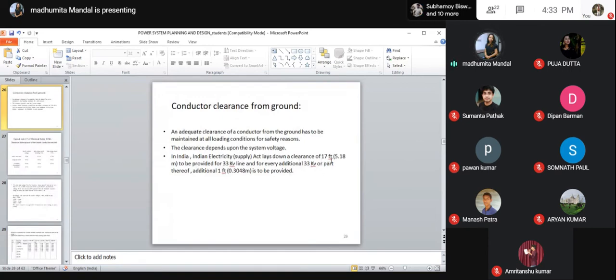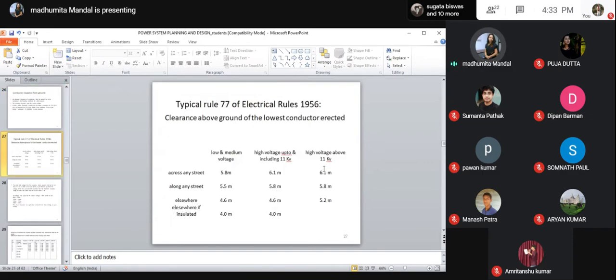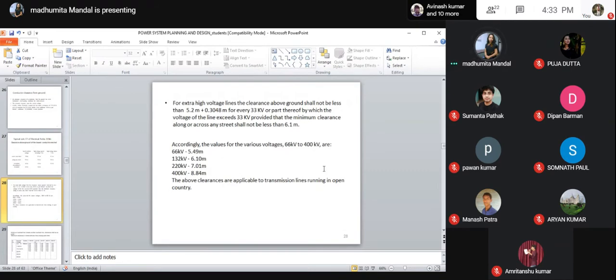Okay, so for the first 33 kV 17 plus, how many increments did I say for 220, 6, so plus 6 feet, so that means it will be 23 feet. So 23 feet in meters comes to about 7.0105 meter. Okay, so this is how the calculation for this minimum ground clearance is done.